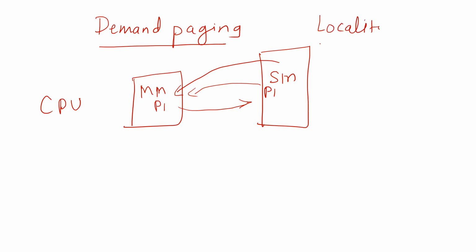What is locality of reference? Locality of reference refers to the tendency of the computer program to access instructions whose addresses are near to each other. So depending upon the locations, it will bring the pages in advance to main memory.